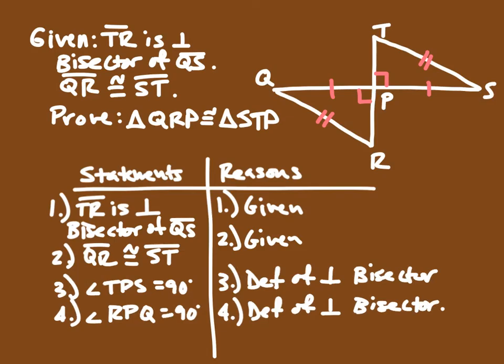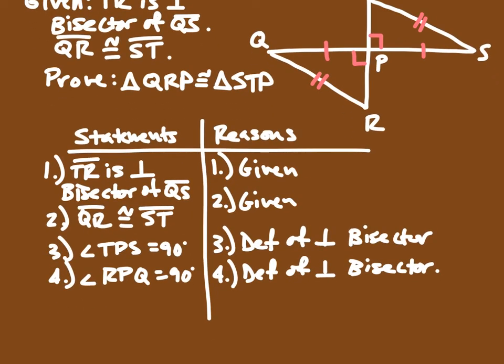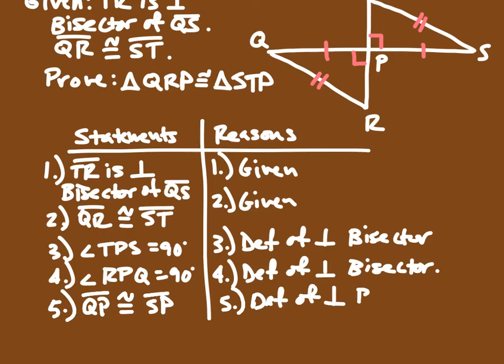Whatever you want. So that's the idea. The other thing that we can say here is that QP in step 5 is congruent to SP. And the reason that we can say that is because, again, it's the definition of a perpendicular bisector.